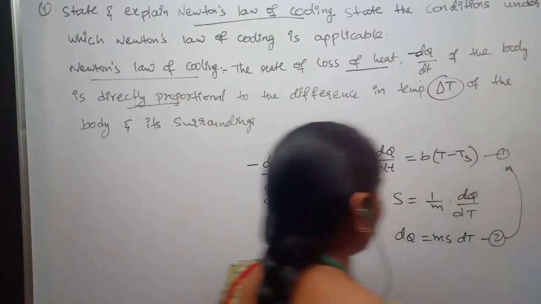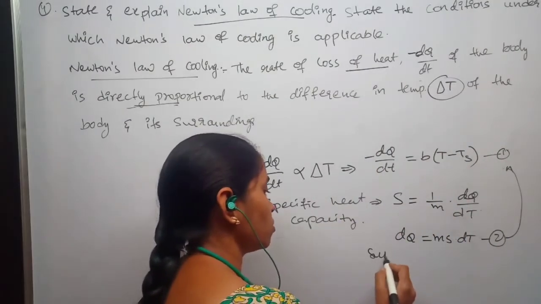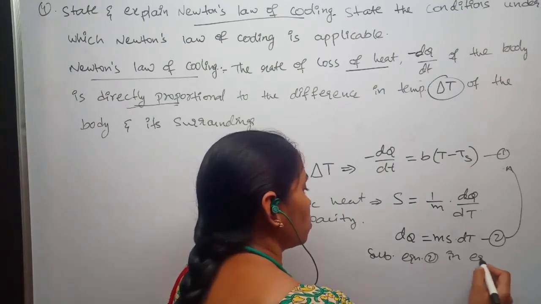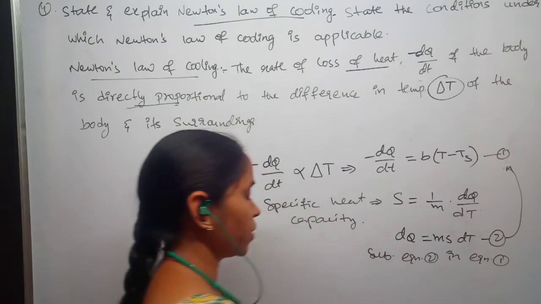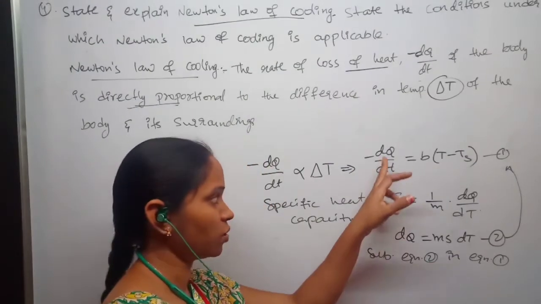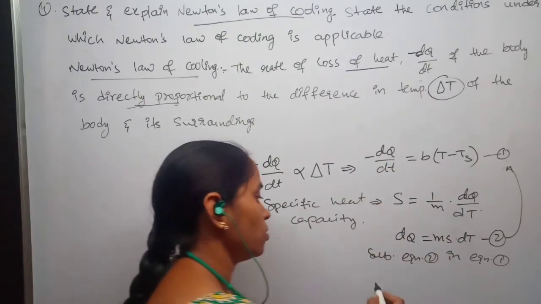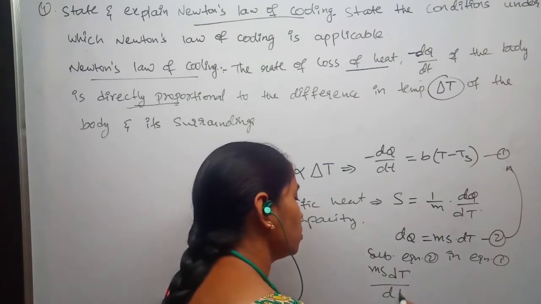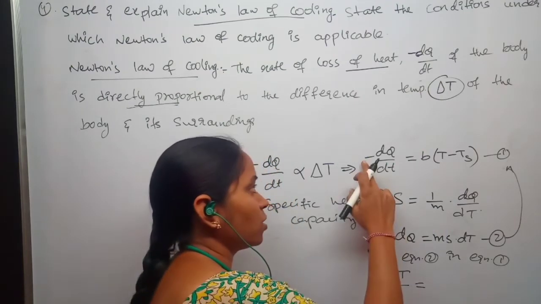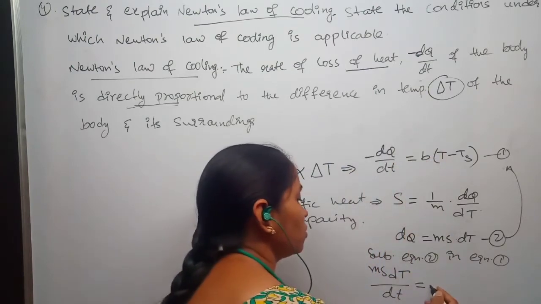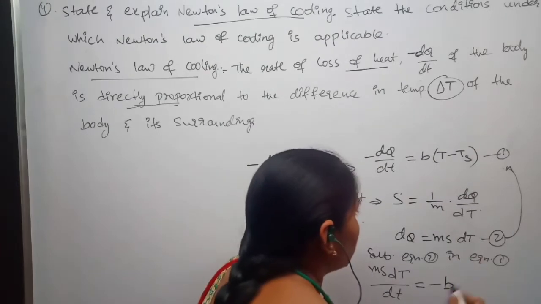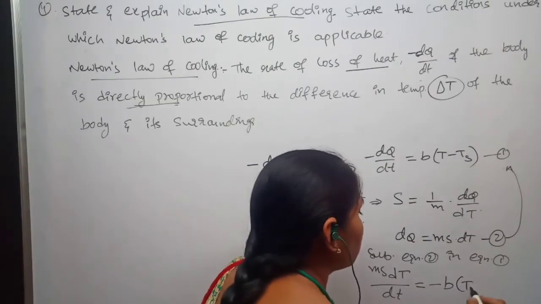Now substitute equation number 2 in equation number 1. In place of dq just substitute m S dT by dt, which is equal to, I am writing this minus sign towards the right hand side, b into T minus Ts.